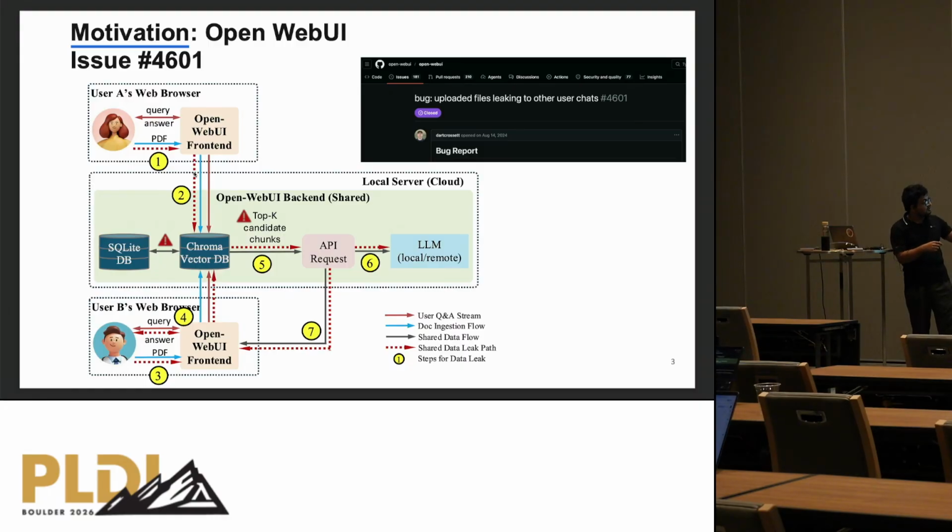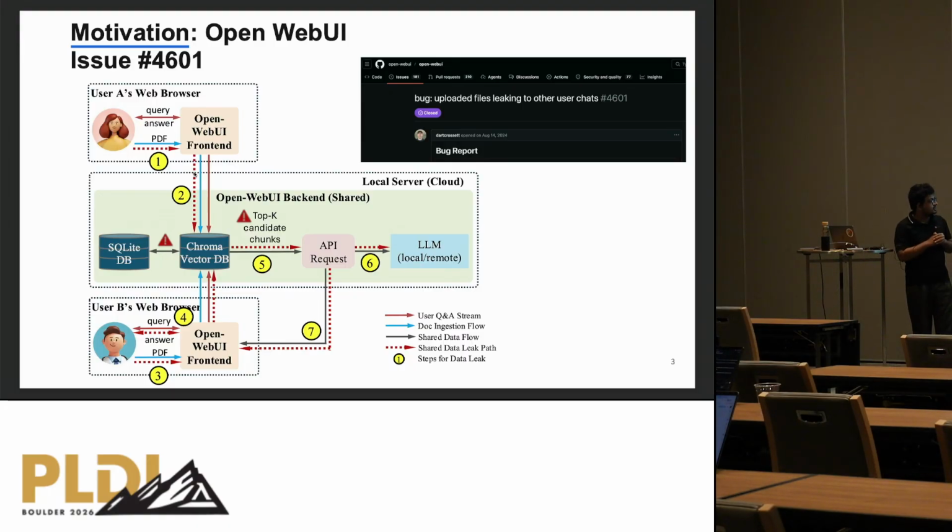But the problem we have seen is that if the PDF of user B is empty, with no content, then although the conversation gets stored in the SQLite database, the actual chunks do not get stored in the vector DB, because there is no chunk to embed or store.